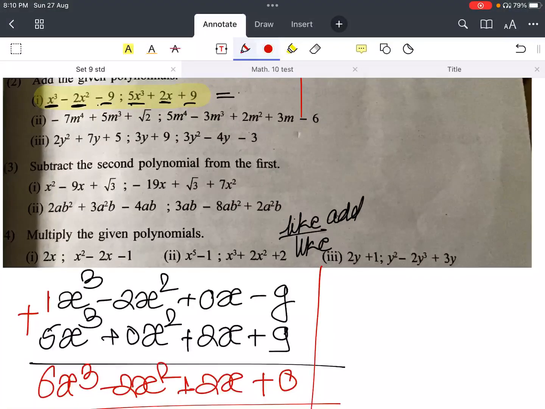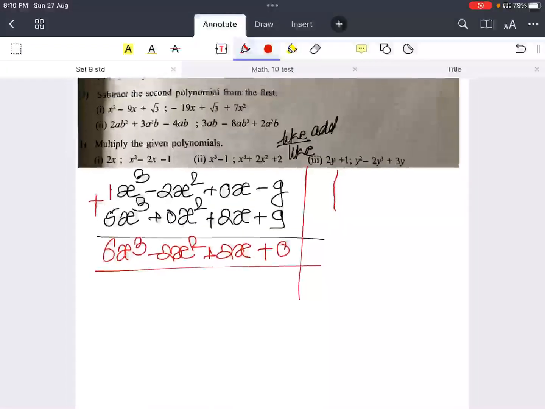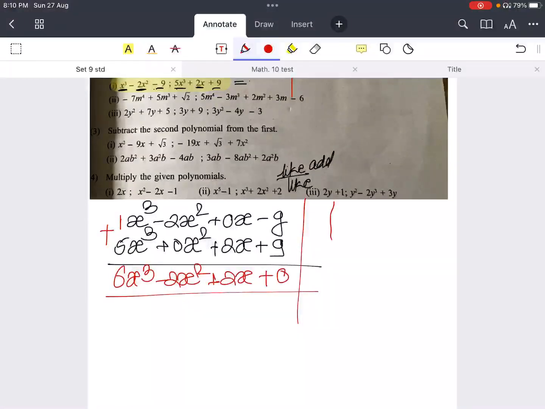This is a little bit bigger, so we will use a separate page for it. Minus 7m raised to 4 plus 5m cube plus root 2.